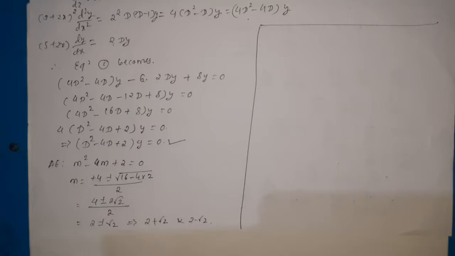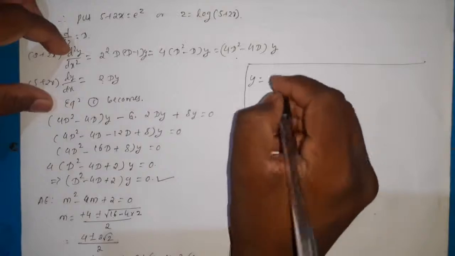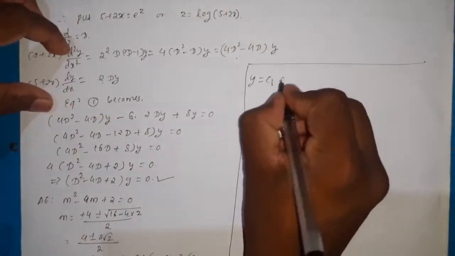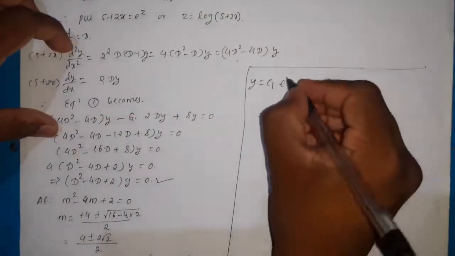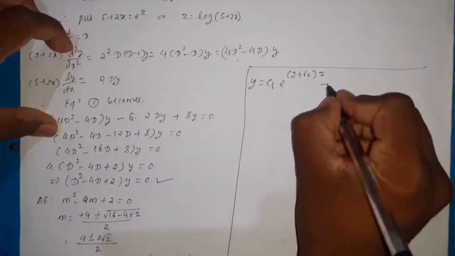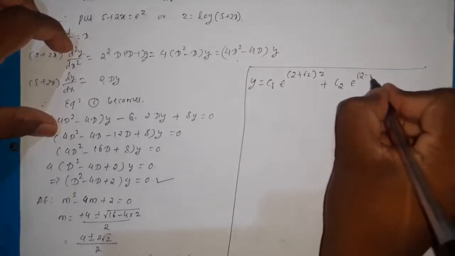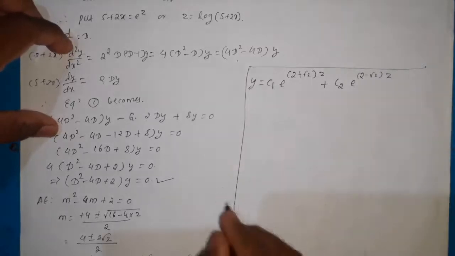So y = c1 e^((2+√2) z) + c2 e^((2−√2) z).